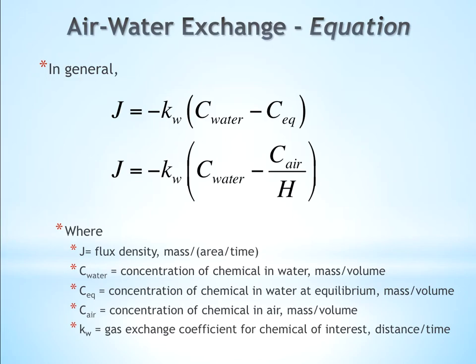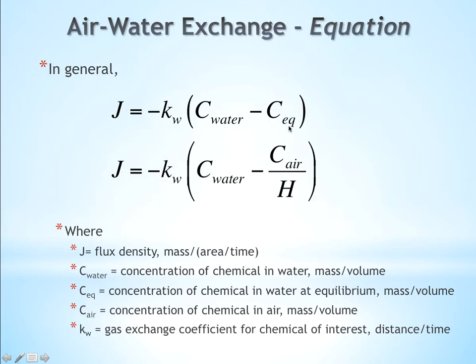Okay, and we use that idea to make this general equation for air-water exchange. Where J, again, we're calling it the flux density, is in mass per area per time. We've got the measured concentration in the water.